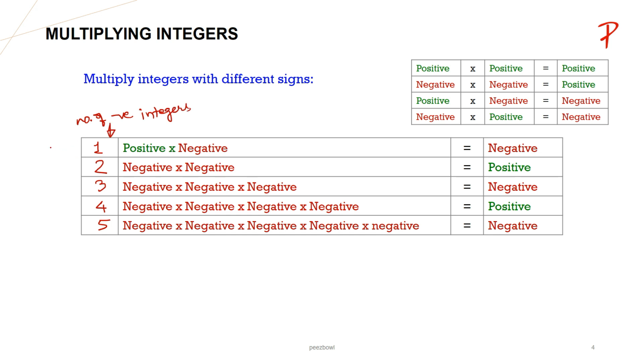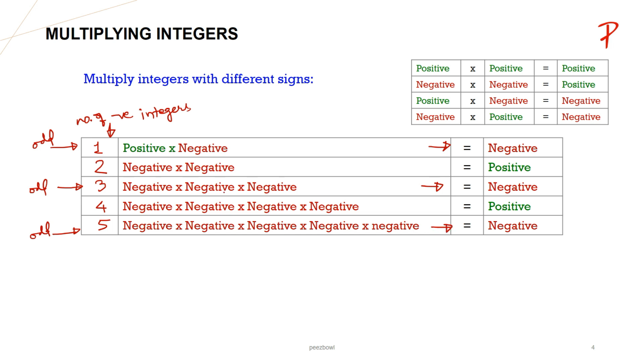So you see here, 1 is odd number, 3 is odd number, and 5 is odd number, right? And see result of these, negative result. When 3 negative integers are multiplied, the result is a negative integer, and when 5 negative integers are multiplied, we get a negative integer.